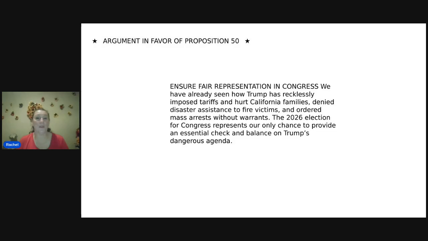Ensure fair representation in Congress. We have already seen how Trump has recklessly imposed tariffs and hurt California families, denied disaster assistance to fire victims, and ordered mass arrests without warrants. The 2026 election for Congress represents our only chance to provide an essential check and balance on Trump's dangerous agenda.